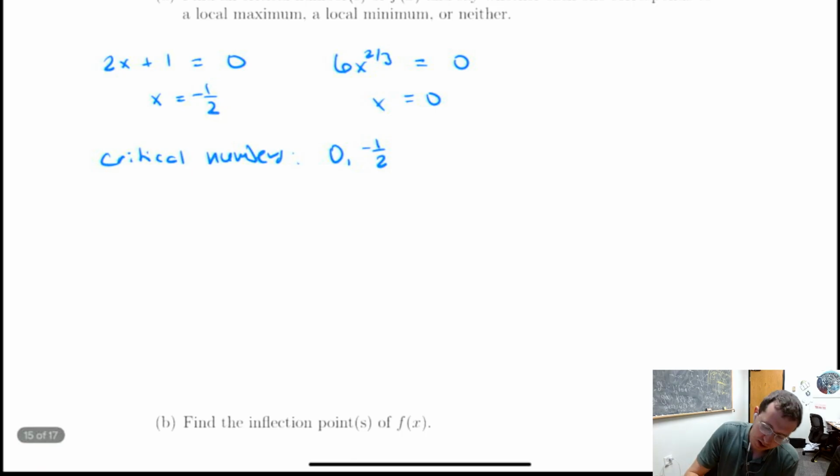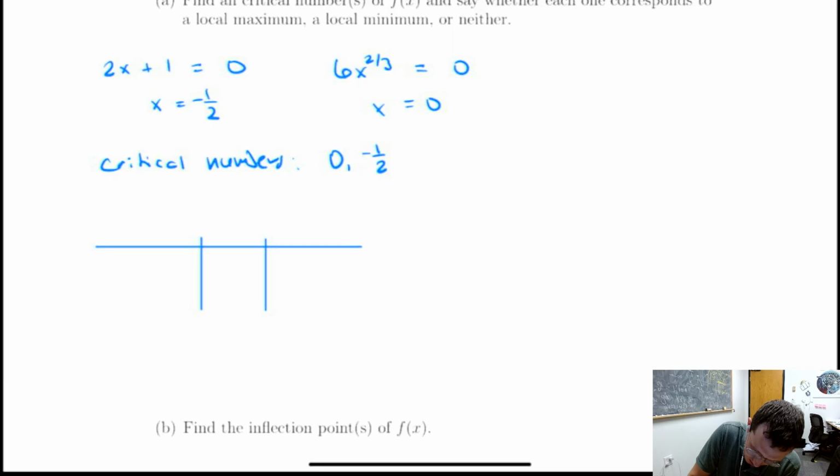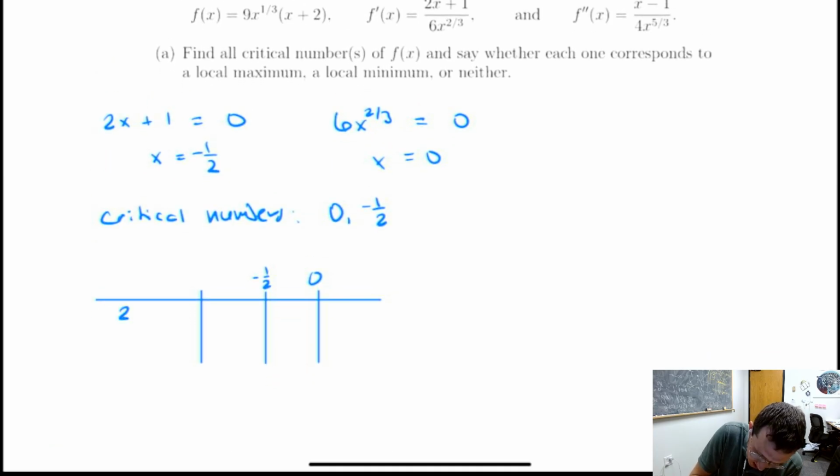To classify these as local minima or maxima, I'm going to make a sign chart, which will split at -1/2 and 0. And f prime of x is made up of a 2x plus 1, and in the denominator a 6x to the 2/3.